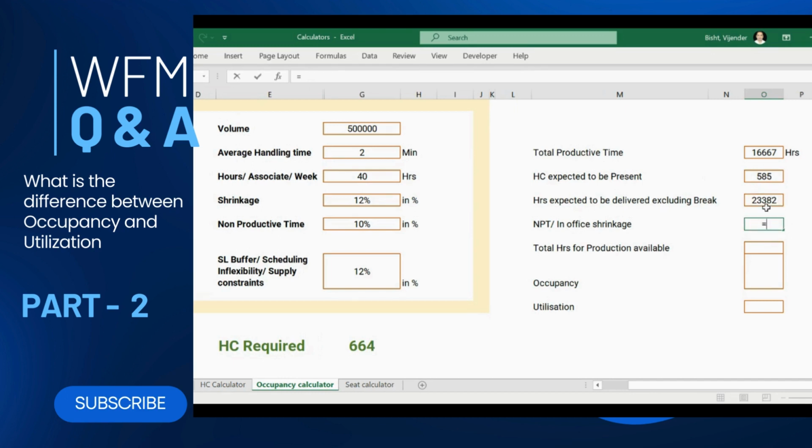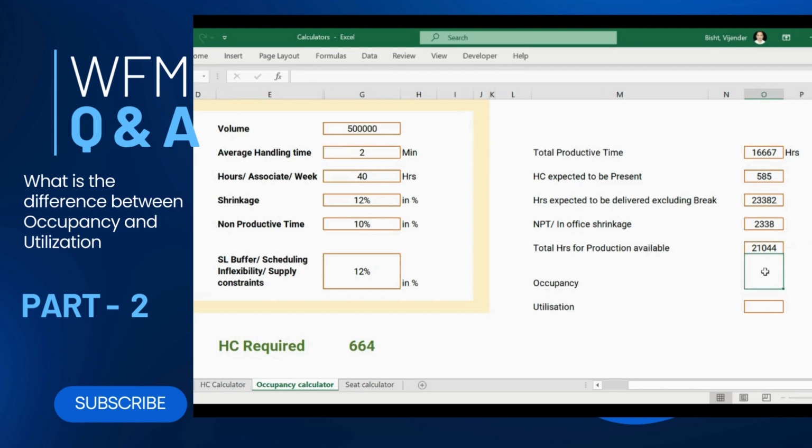And assuming we will also have 10% of the NPT, the 10% of this time people being present will be utilized in NPT or in-office shrinkage, which means the total hours available to me is 21,044, because the 10% has been utilized by people for non-productive activities, which can be training, one-to-one mentoring, OGT, NPT, anything.